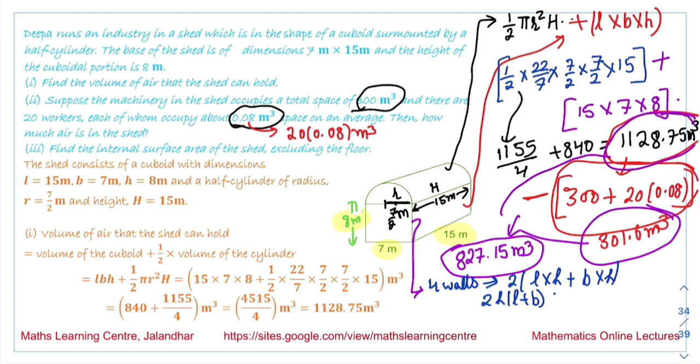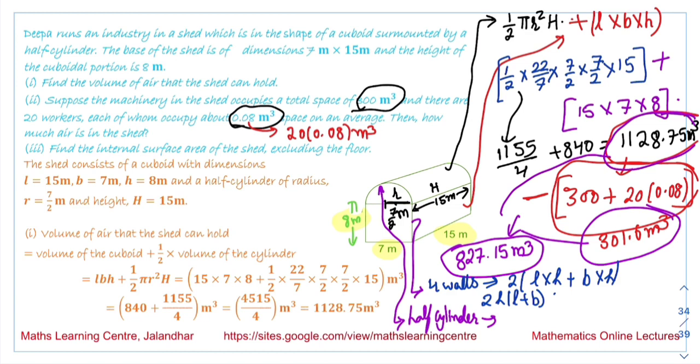And the top portion we have over here, this is the half cylinder we are talking about, and the area of this half cylinder will be equal to half the area of the complete cylinder. It is not the lateral area, it is the complete area we are talking about.